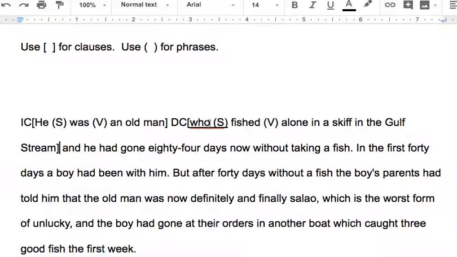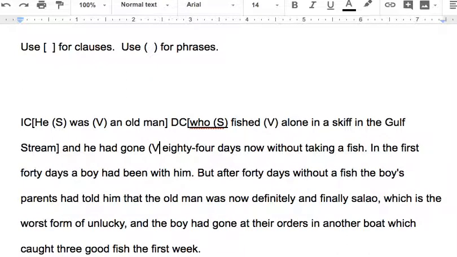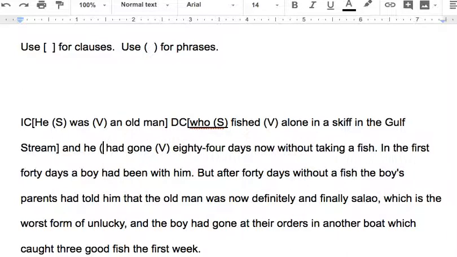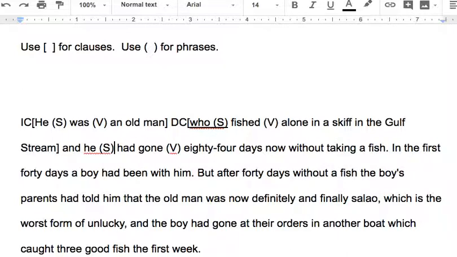And I don't see any more verbs until we get to had gone. So we got to identify that verb. And then we know that there must be a subject to the left of it. So had gone, he is our subject. Then we look before that to see if there's a subordinator. And we have the word and.